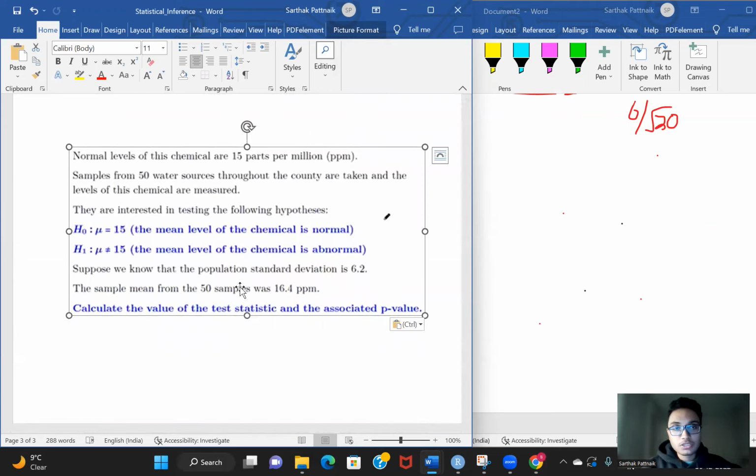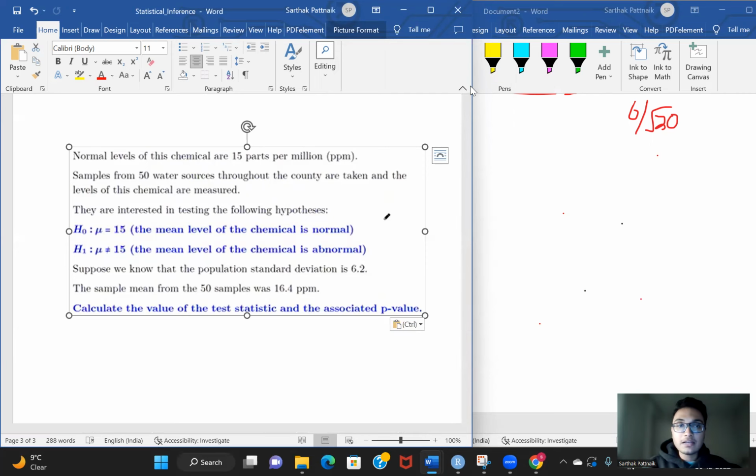Samples from 50 water sources throughout the county are taken and the levels of this chemical are measured. We have been given the null and alternative hypotheses. We have been given a population standard deviation of 6.2, a sample mean, and 50 observations.